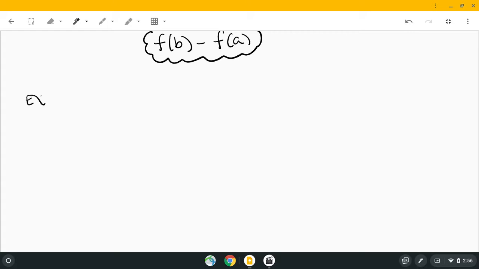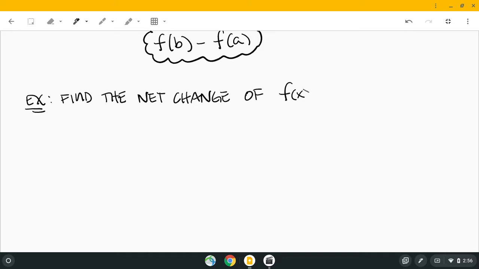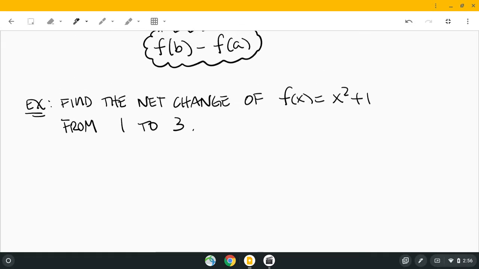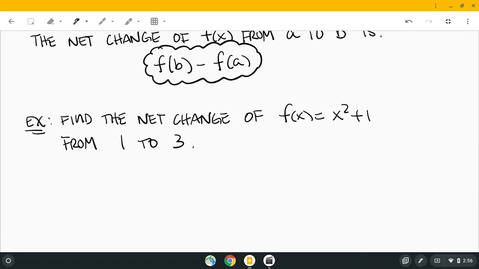All right, so let's take a look at this example. Find the net change of f of x, which is x squared plus 1. So there's your function. From a to b. A is 1, b is 3. All right, so according to this formula, net change is f of b.